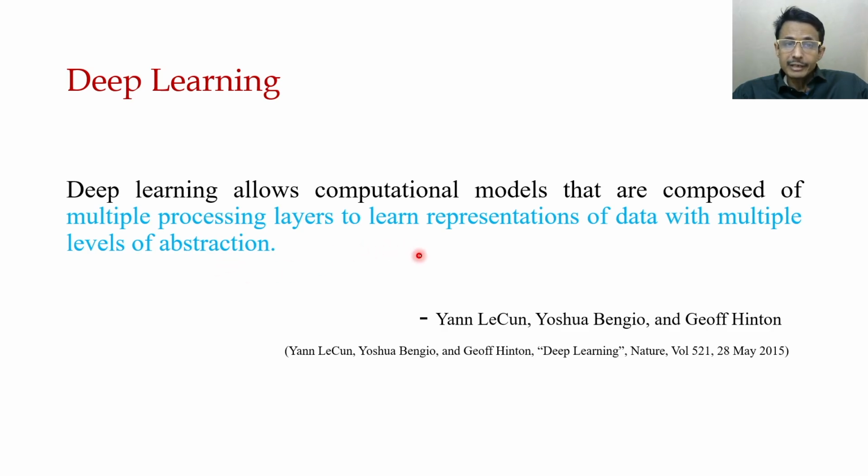That is the meaning of different levels of abstraction. This is very important in our course, and it was defined by these three stalwarts of today's deep learning world, LeCun, Bengio and Hinton. We are going to understand the meaning of this definition in the entire course.